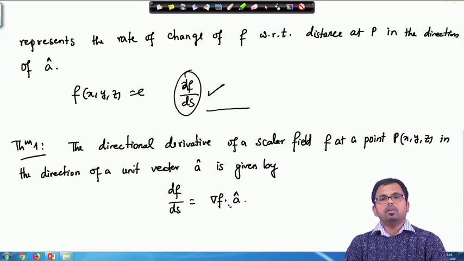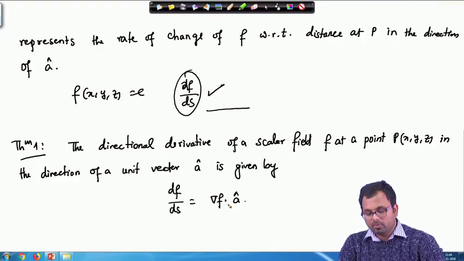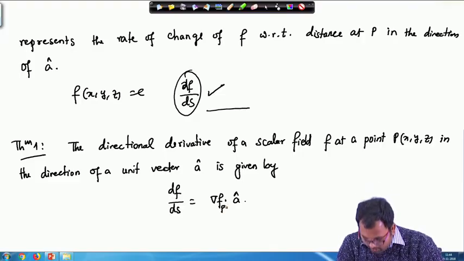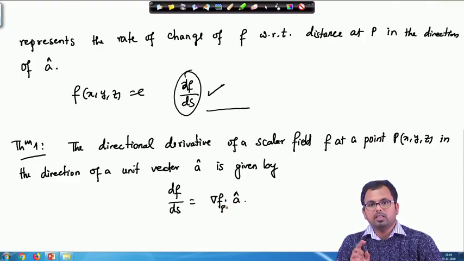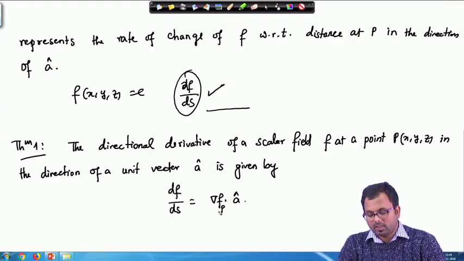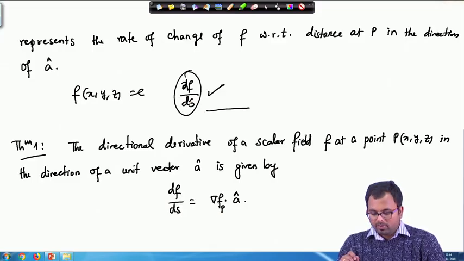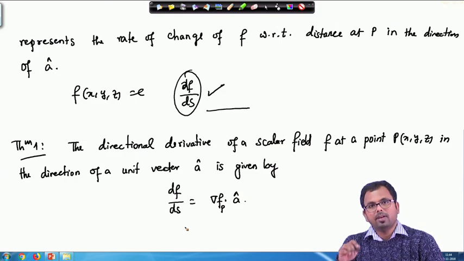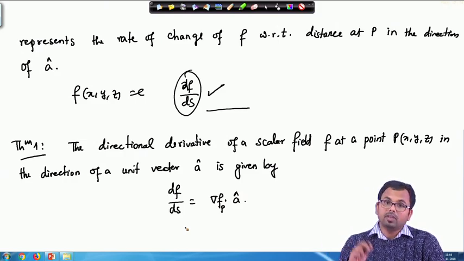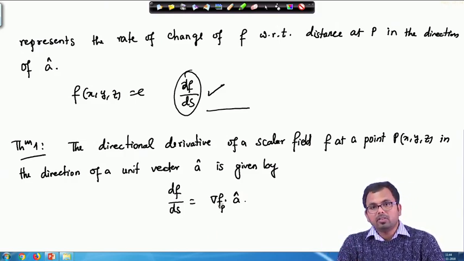So, we have to calculate the gradient of the function at the point p. I can put a p here, and that says that the gradient of the function has to be calculated at the point p, dot product with the unit vector a cap. That means instead of calculating df ds, using this theorem, the directional derivative of the function f at the point p in the direction of a cap is given by gradient of f at the point p dot product with a cap.